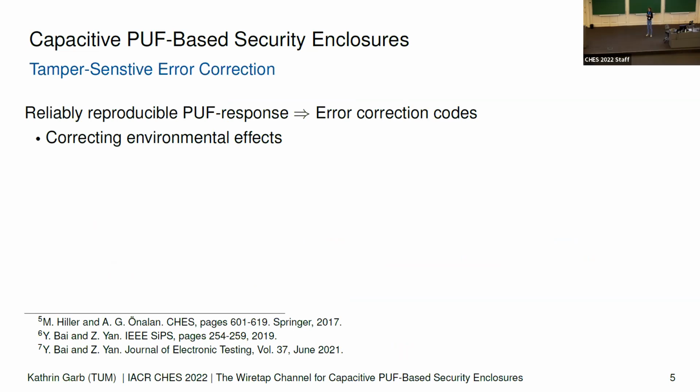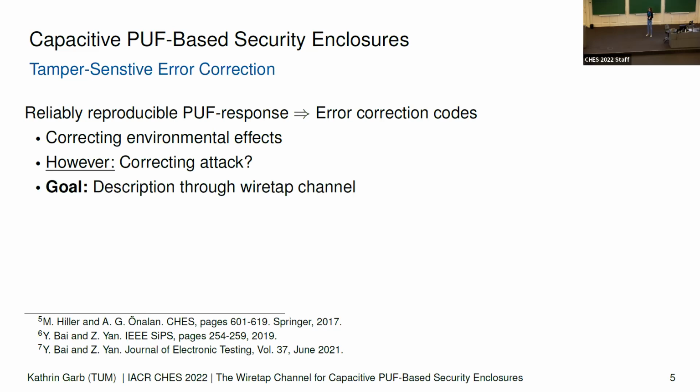Now, if you're correcting the environmental effects, the problem is how do you ensure that you're not correcting an attack? This is actually a non-trivial problem that we try to tackle through a wiretap channel implementation.